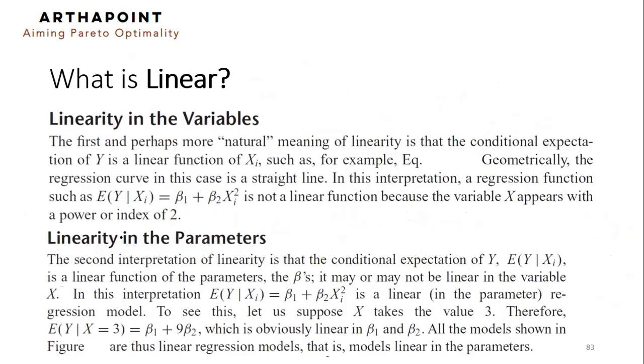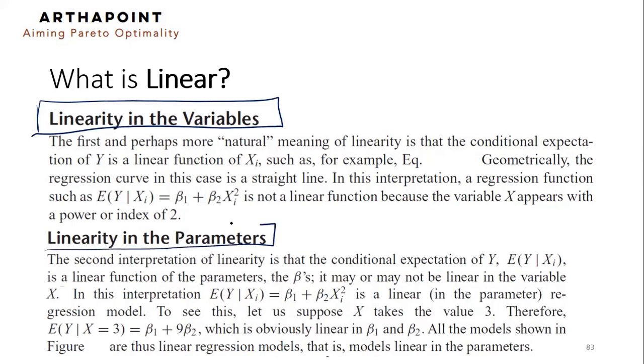Now, let's talk a bit about linearity. There are two things. One is called linearity in variables. The other is called linearity in parameters. What is linearity in variables, first of all? Linearity in variables means that the variable that you have, that x that you have, should be linear in nature.